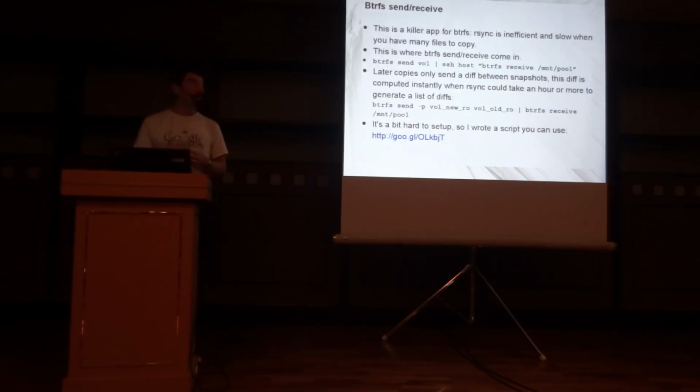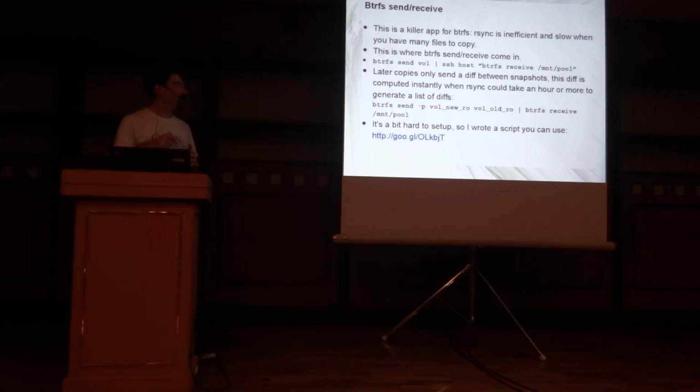So Btrfs send receive. And that's, in my opinion, the killer feature in Btrfs. The way it works is basically you make two snapshots. You have a read-only snapshot, and when you make a new snapshot, you can tell it, well actually, the first time it just copies everything.